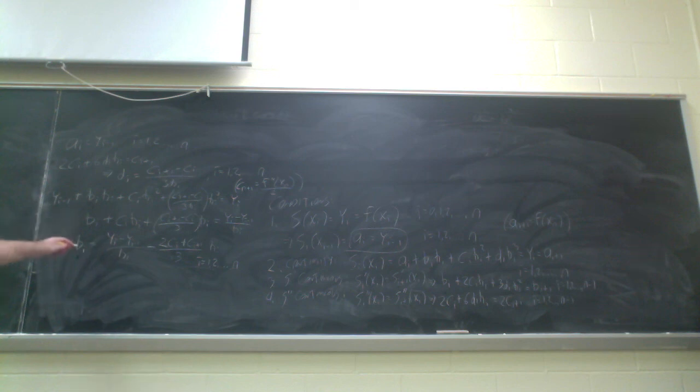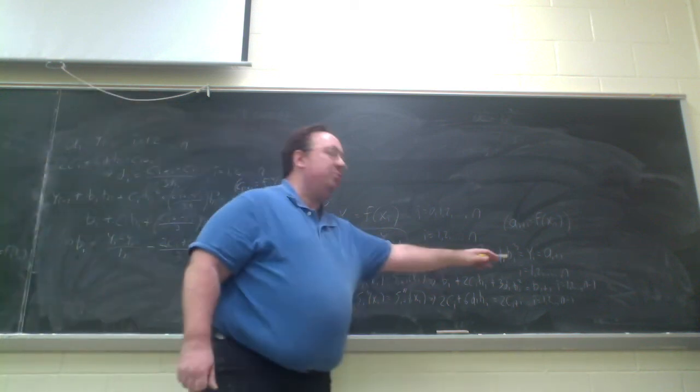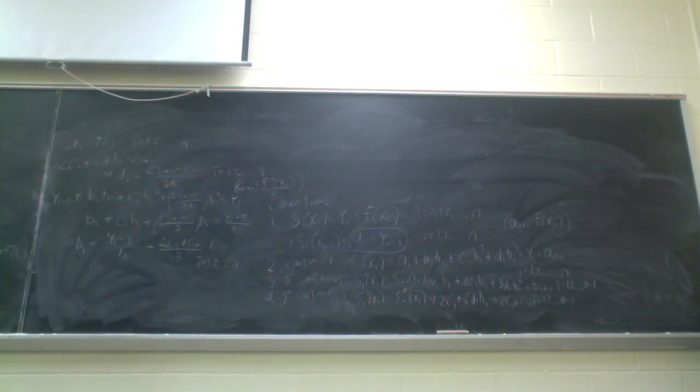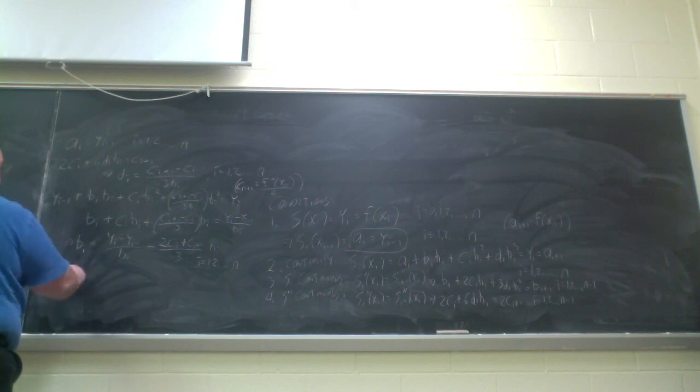So if I substitute this into both instances of b's, where I shift indices accordingly, then I can get an equation only involving the c's that are unknowns, and then the y values that are already known. So what I would get is yi minus yi minus 1 over hi.